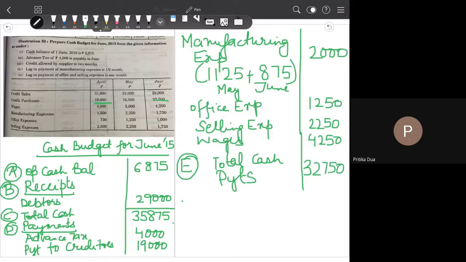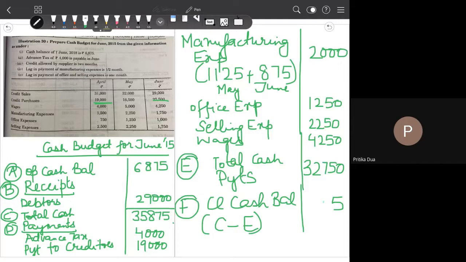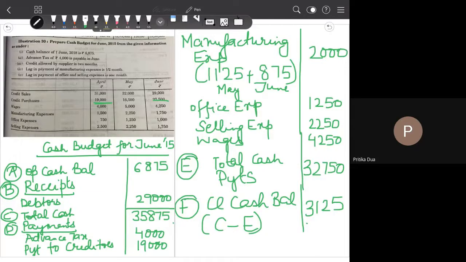So point F will be your closing cash balance, which will be the difference between C and E, and that comes to 3,125. Okay, so this is how you do the treatment for the information given in the question. Any question, any doubt in this, you can ask.